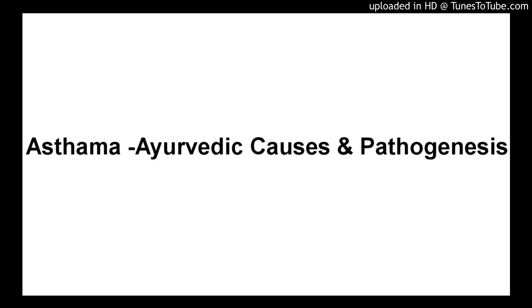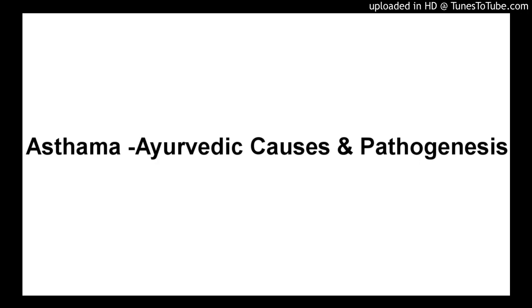Now, the last two points. There is another sub-classification which is not too important for practical purposes, but in the textual references, for research purposes, these two diseases are Tamak Schwas and Pratamaka. So what is Pratamaka?